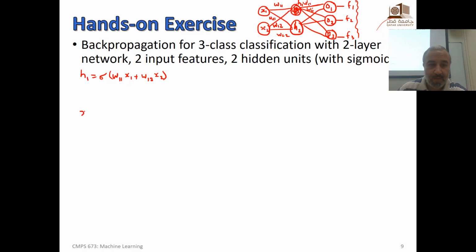We have X1, right? And we have X2. Then we need to draw this. So X1 will be multiplied by W11. We will use a notation here just to make it easier.